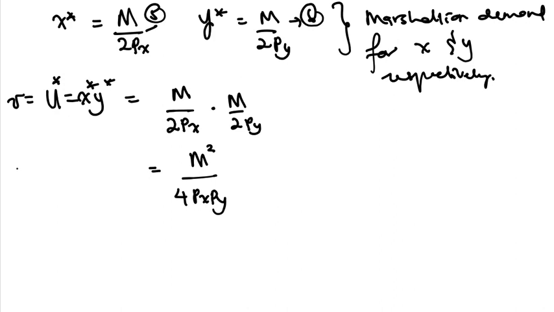As you can see here, both goods, variables x and y, are not appearing in the indirect utility function. What appear here are the price of x and the price of y as well as income. So you can see that the indirect utility function is actually a function of two parameters.